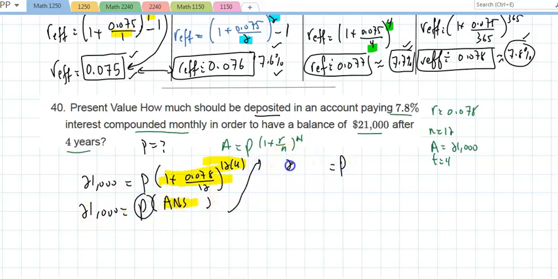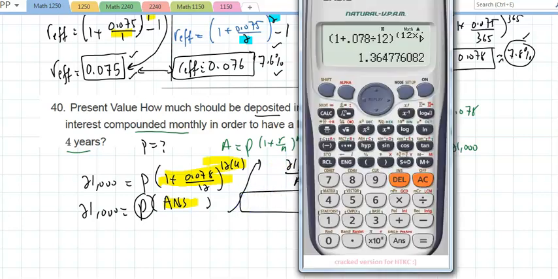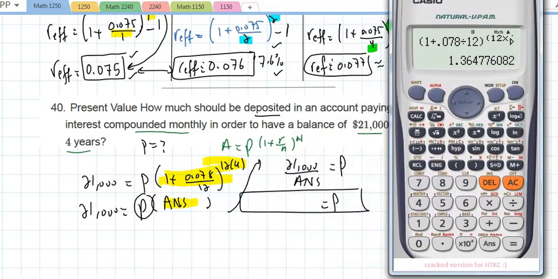Isn't P 21,000 divided by that answer? Since I'm using a calculator and I'm allowed to use it, might as well. So wouldn't it be best for me to just take 21,000 divided by, and again, in the answer is stored the last calculation, and that will be 15,387.